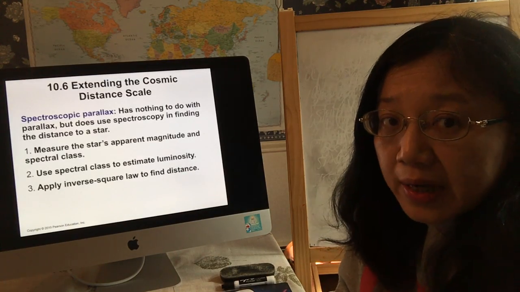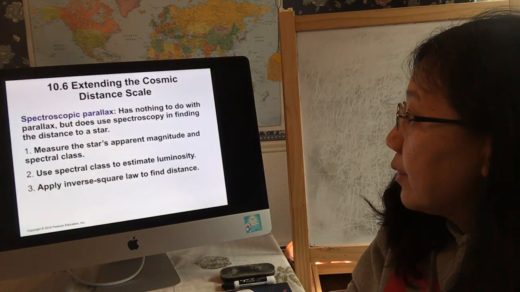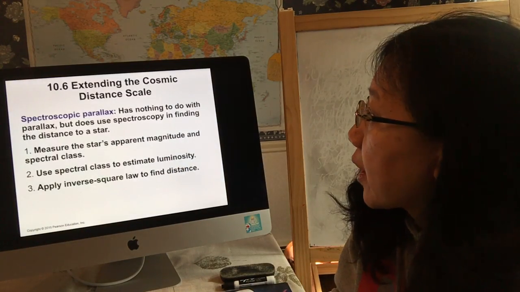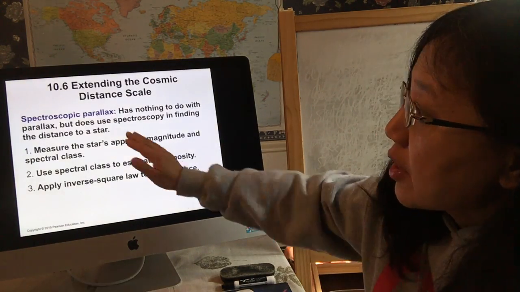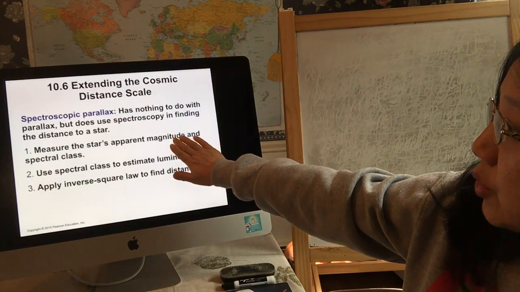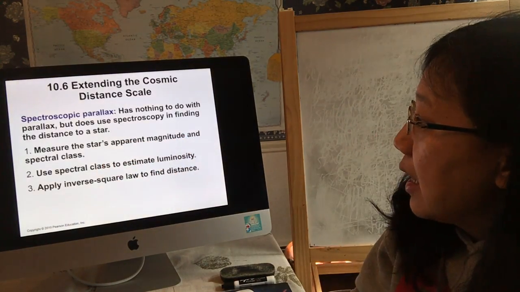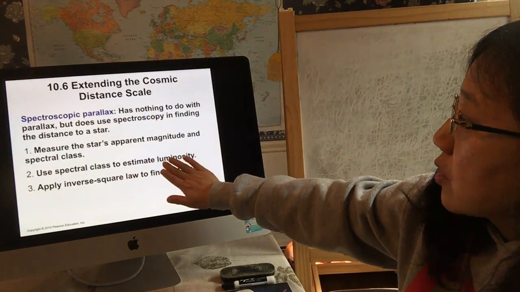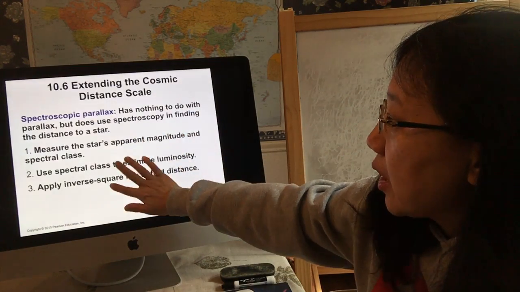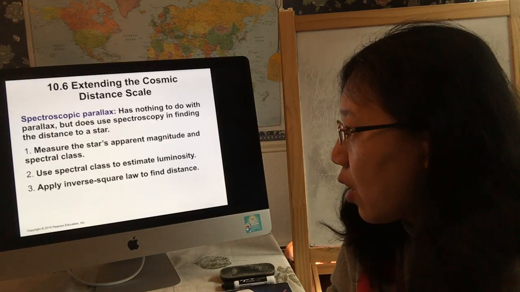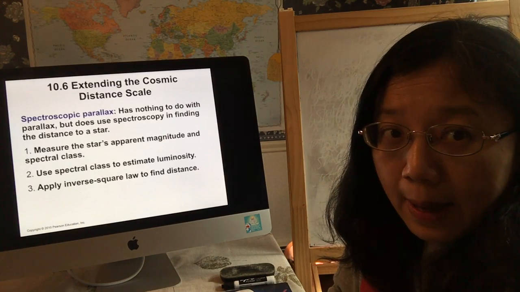We talk about the triangulation method, the parallax method, and then we can also use the spectroscopic parallax method. As long as you can measure the star's apparent magnitude and spectral class, we can use spectral class to decide luminosity. Once we know luminosity, we can use the inverse square law we learned to find out distance.